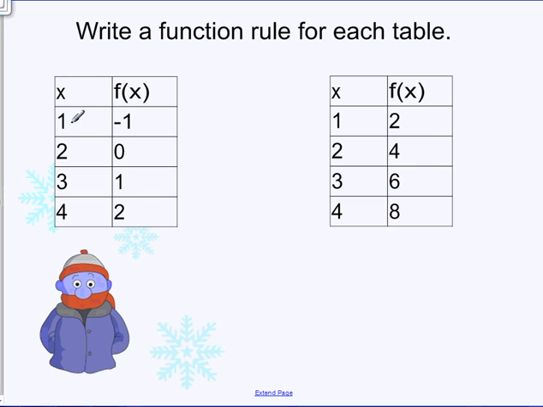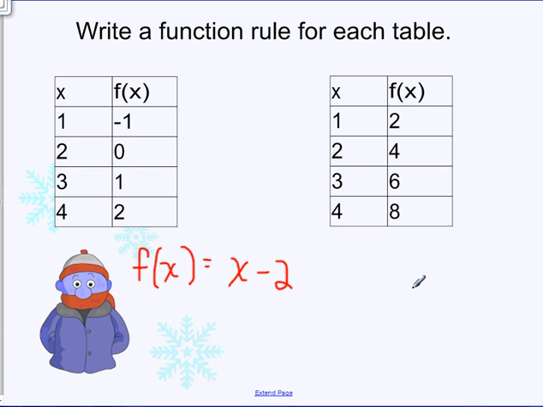All right, so this one I have 1, negative 1, 2, 0. Okay, so I want to figure out my f of x is equal to, well, what am I doing to my x's? I'm subtracting 2.